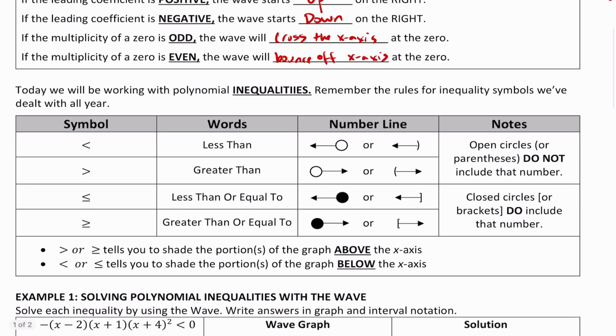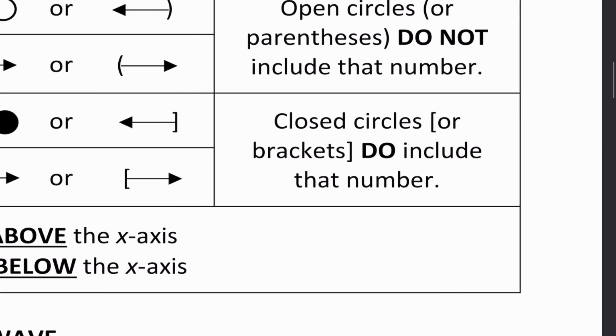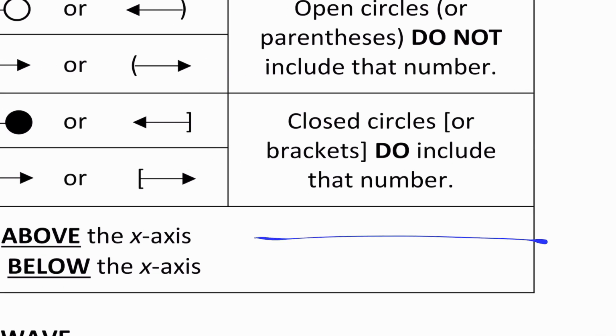Now, this time, since we're involving the wave, the greater than or equal to tells you to shade the portions above the x-axis, and the less than or equal to tells you to shade the portions of the graph below the x-axis. So let's give you an example. I have the x-axis right here, and you already drew the wave, right?